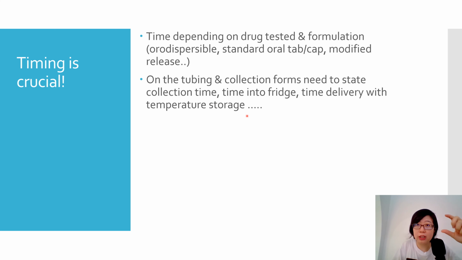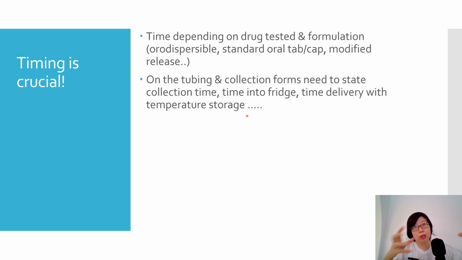So we actually need to state when we collect each sample, obviously on the drug tubing, right? Because there are different people, different drug tubing. We need to minimize all the confusion or mess up that we might get later on. So when does the tube actually enter the fridge? It has to be stated as well.